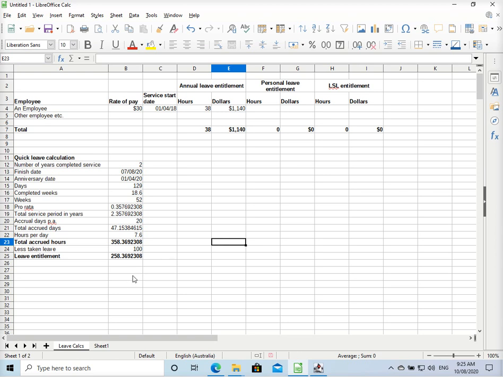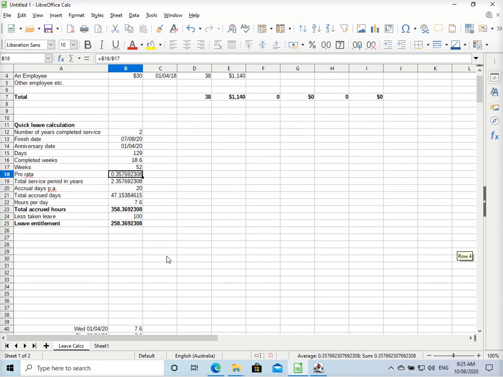Oh, there was one other thing I was going to point out, and that is that some of this, like working out the total service period, can be complicated, like working out that it's 18.6 weeks and that pro rata fraction.